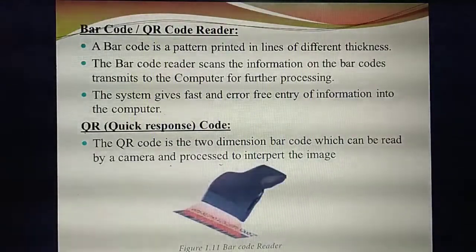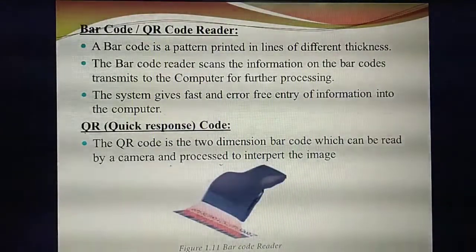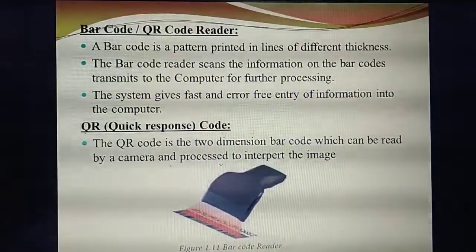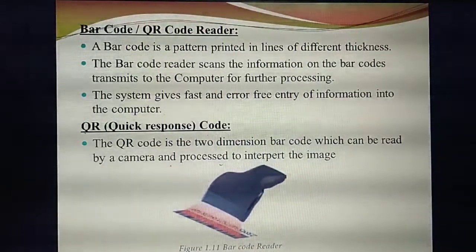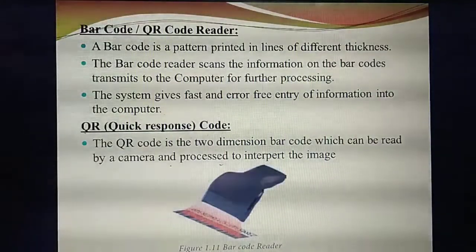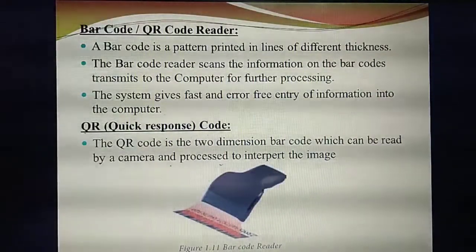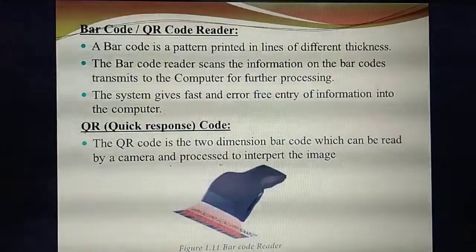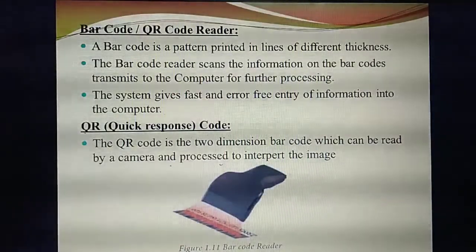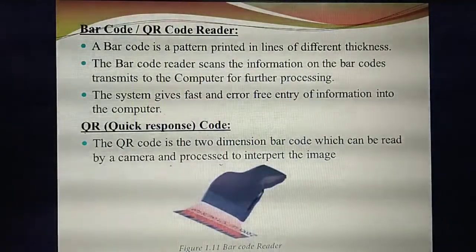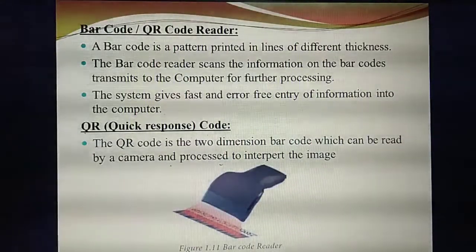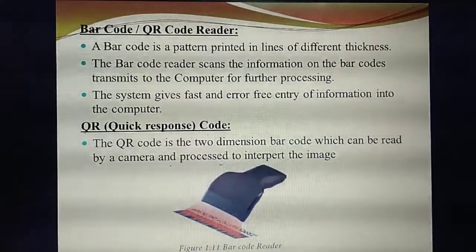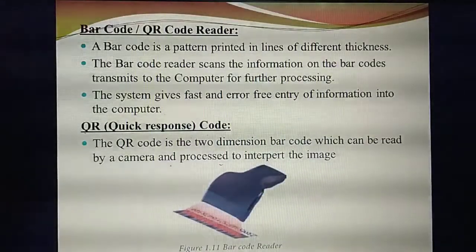For example, if a net connection is there and I show this QR code in front of the camera, it will scan the image, process it, and give the proper information. First it will scan the particular image, then process that image and give the proper information.